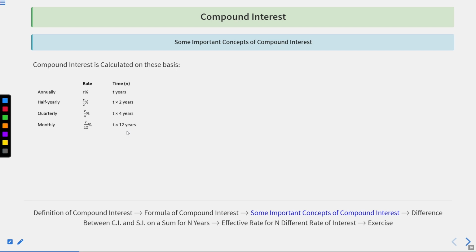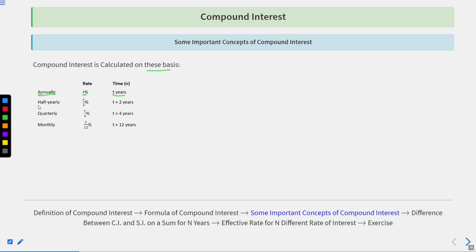Let us now have a look at some important concepts of compound interest. The compound interest is calculated on these bases. If the compound interest is compounded annually, then the rate will be R% and time will be T years.